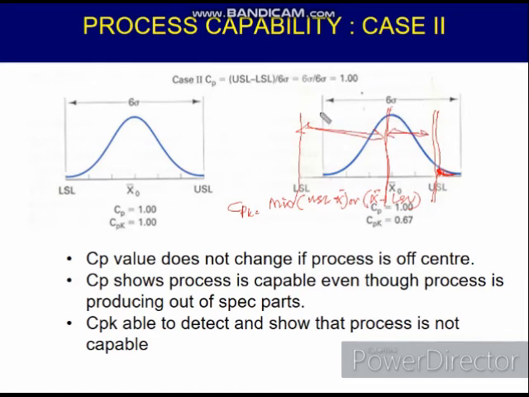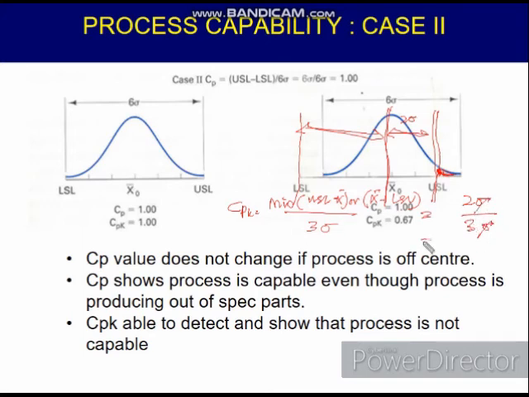In this situation, you're going to take the minimum between the two, and this value would be 2 sigma. So if you look at this, 1, 2, this is 2 sigma. Then when you calculate, this is divided by 3 sigma. So CPK would be 2 sigma divided by 3 sigma.